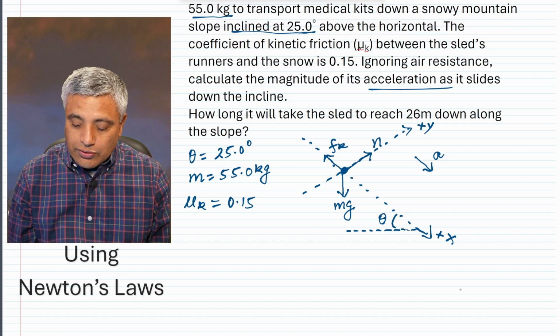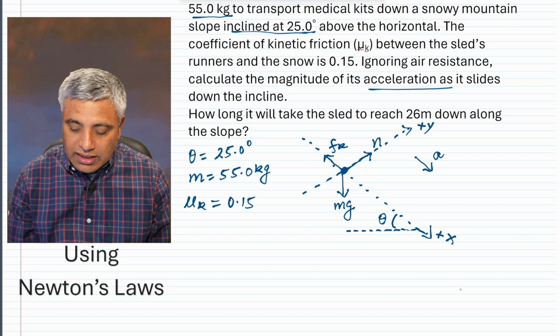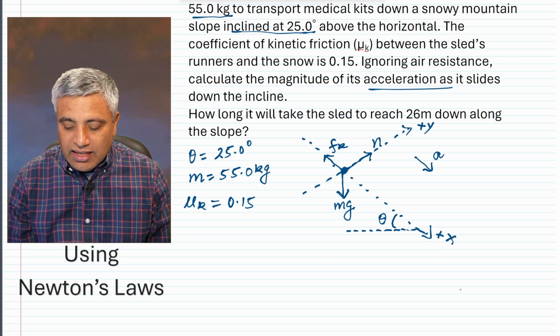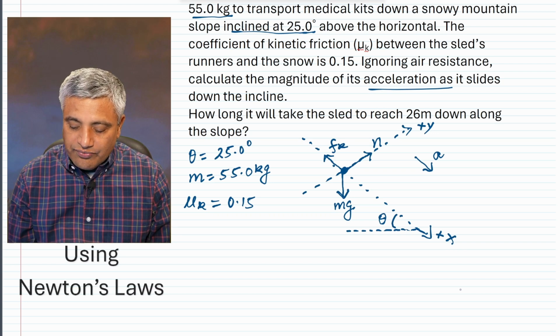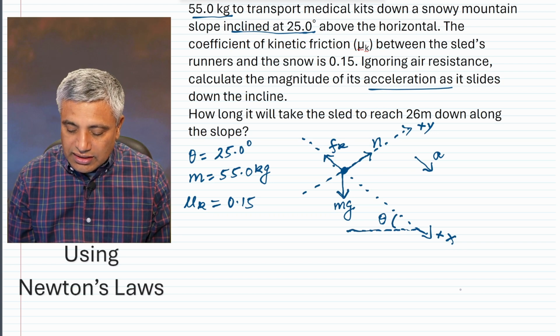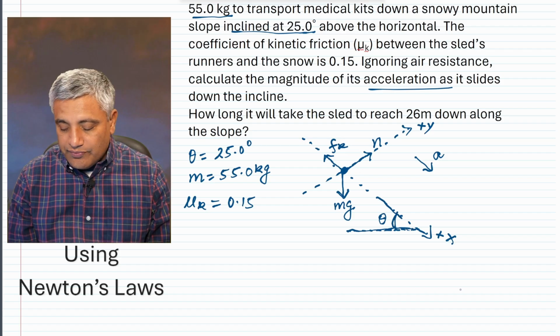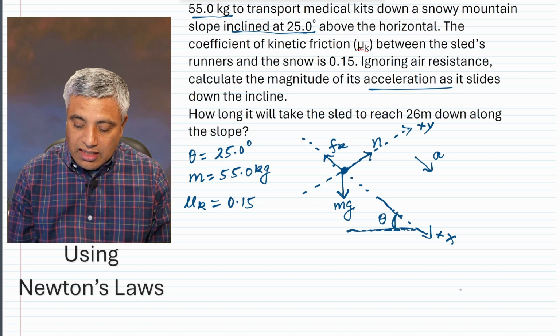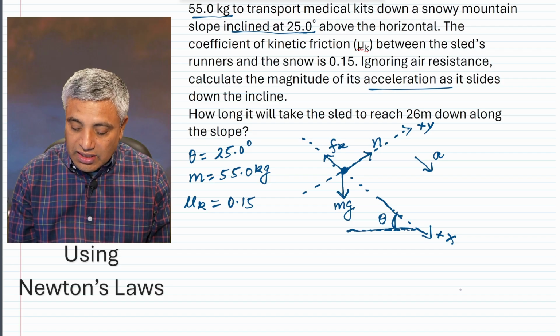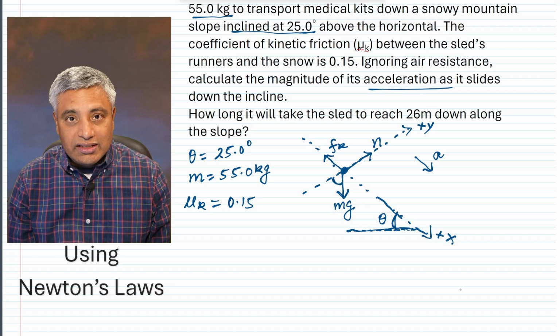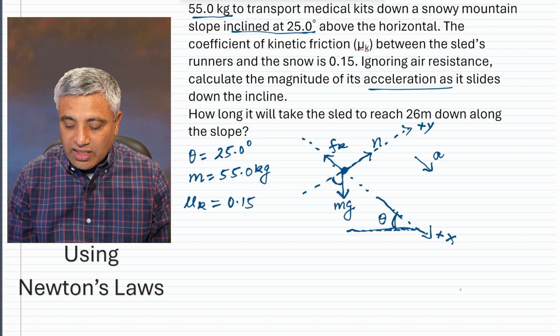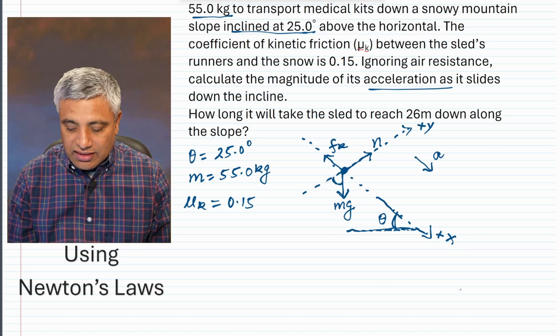To find the components, we need the angle made by mg with either the x-axis or the y-axis. In this case, this is the angle made by the incline with the x-axis, and that angle happens to be equal to the angle made by the weight with the y-axis.